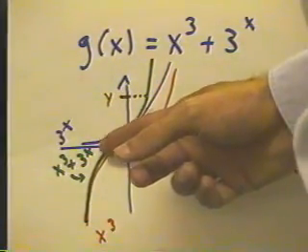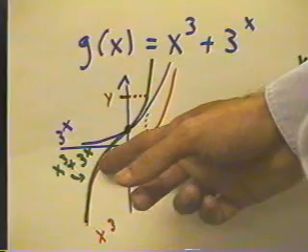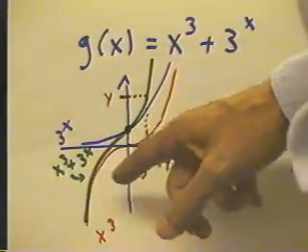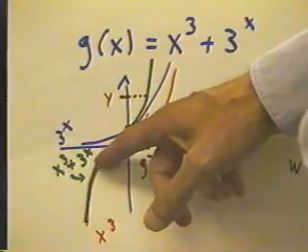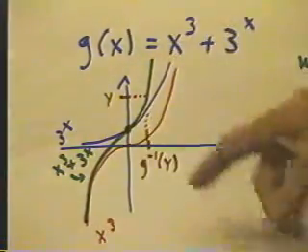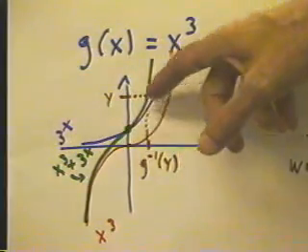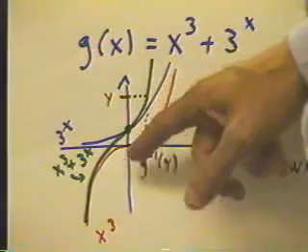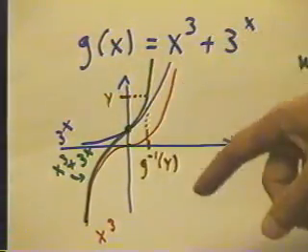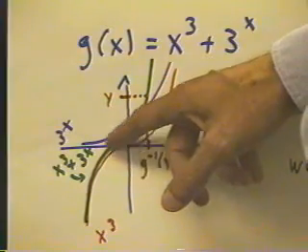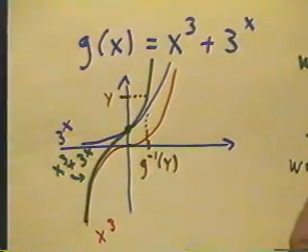Since 3 to the x is a small positive number, it's going to increase x cubed by a small positive number, so that the green graph of x cubed plus 3 to the x is going to lie a little bit above x cubed. As 3 to the x gets bigger and bigger, the green graph will lie correspondingly further and further above the red graph, because when we add the y value here to the y value here, it's going to have that effect.